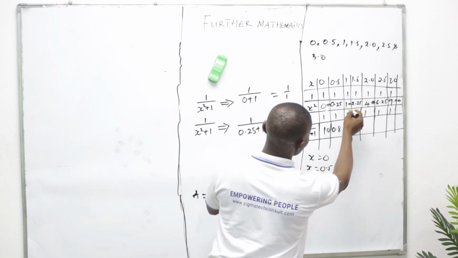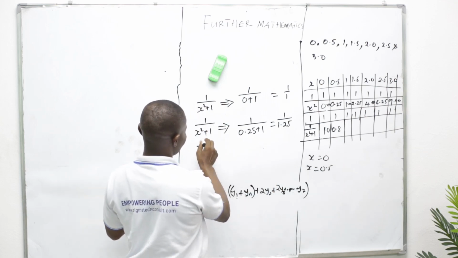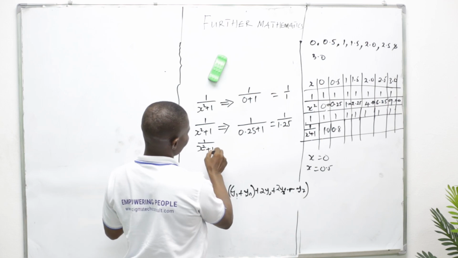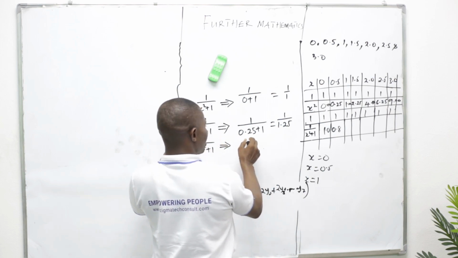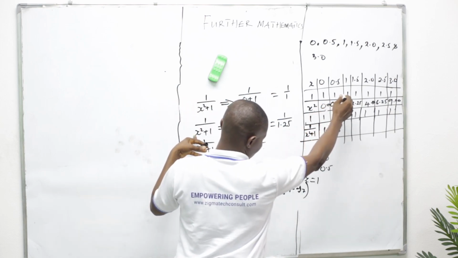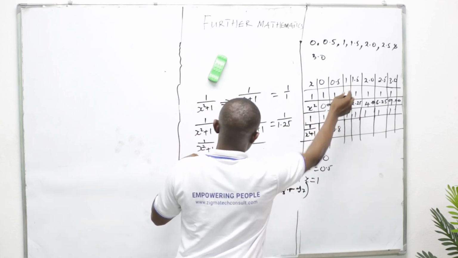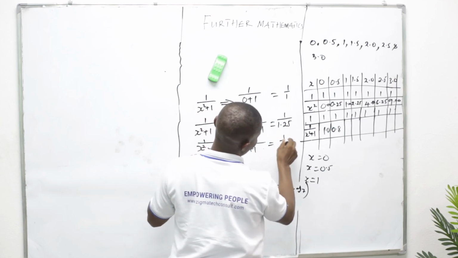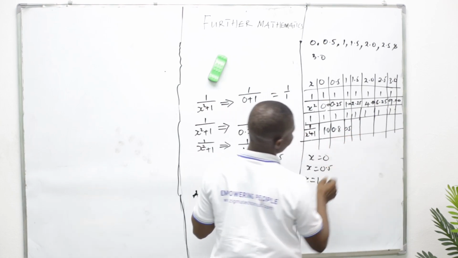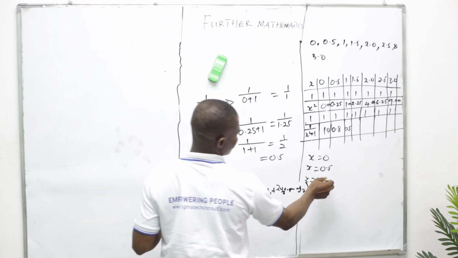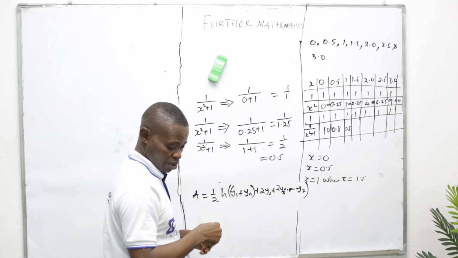Now the next one here, I think we don't have a problem with this. 1 all over s squared plus 1 implies, when s is 1, our 1 remains our 1, which is the constant. Our s squared is 1 squared, 1 plus 1 equals 1 over 2, 0.5. You're right, 0.5. When s equals 1.5, we also deal with it.